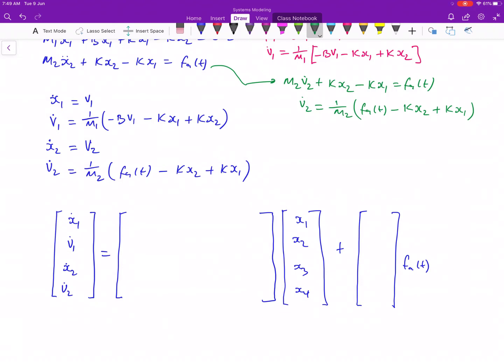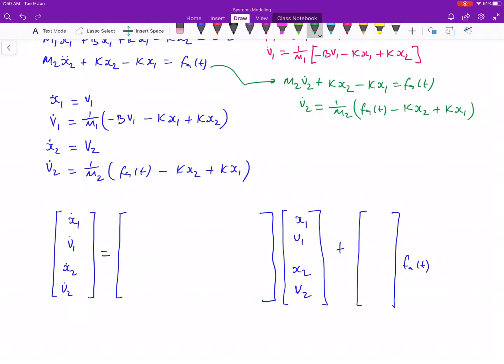Oh, I made a mistake here. I need to write x1 and v1, not x2. So this is x1, v1, x2, v2.